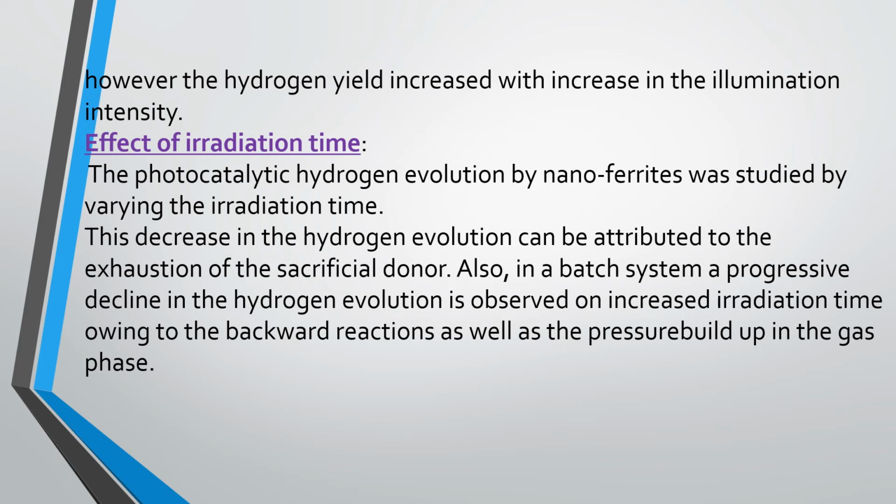With the effect of irradiation time, the photocatalytic hydrogen evolution of nanoferrites was studied by varying the irradiation time. The decrease in the hydrogen evolution can be attributed to the exhaustion of the sacrificial donor, as in the batch system a progressive decline in the hydrogen evolution is observed on increased irradiation time owing to the backward reaction as well as the pressure buildup in the gas phase.